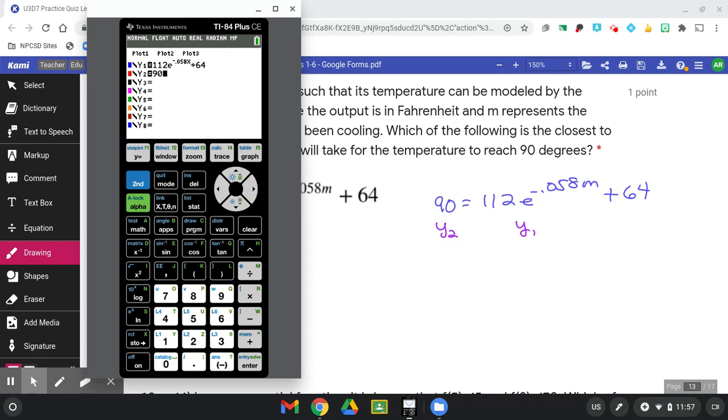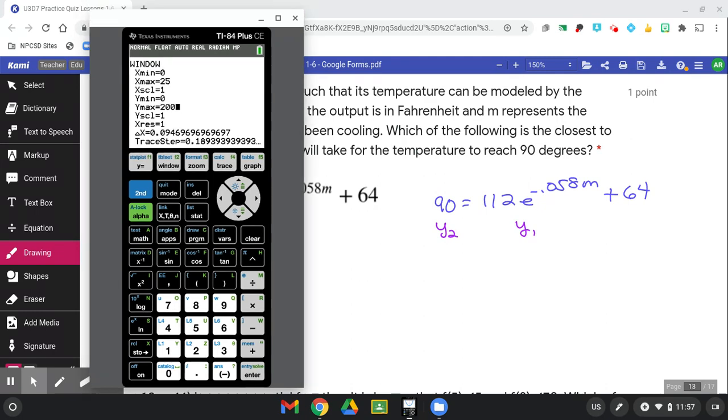We need to find the y-intercept. Remember, the y-intercept would be the 112 plus 64. So I need to change my window, and I'm going to go up to, let's see, 200. Okay, so my highest y value is 200. I know that's a little more than 112 plus 64, so I can see the top of the graph. I don't know how long it's going to take.